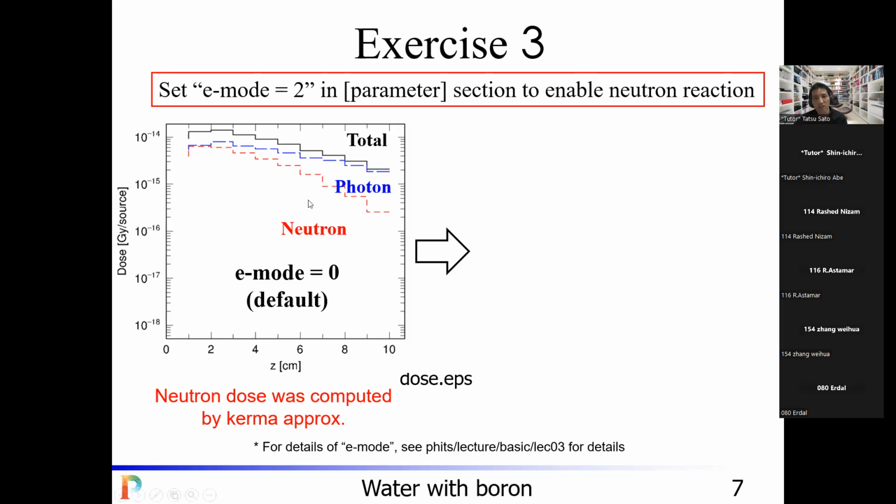Please add e-mode equal to 2 in the parameter section of your input file and run PHITS, and see the difference between the e-mode 1 case and the e-mode equal to 2 case. Okay, so let's do this exercise.